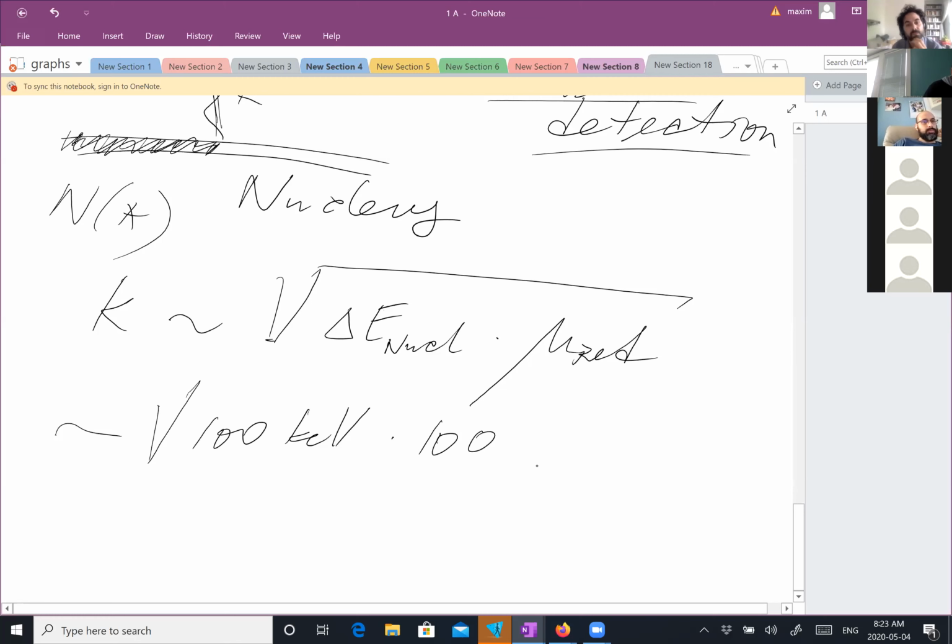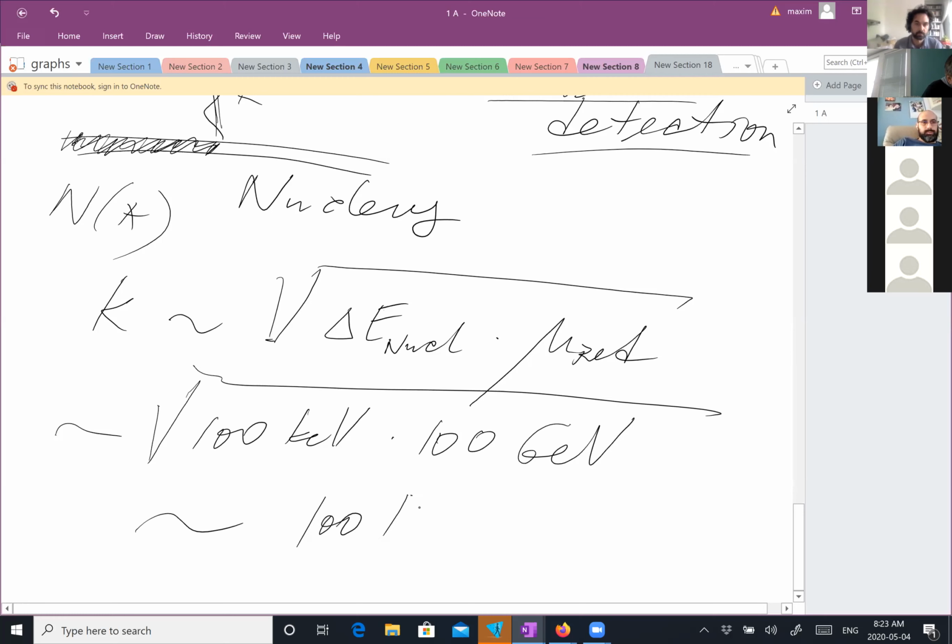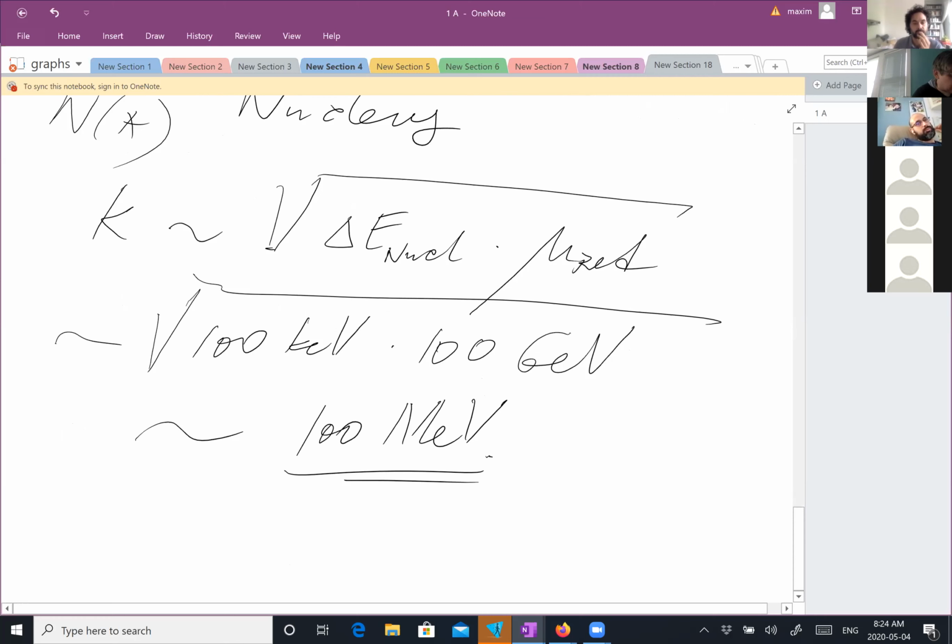That's the reduced mass, and from here we immediately conclude that the momentum transfer could be very large, on the order of 100 MeV. So this is a very simple argument, showing that the energy exchange in this process is delta E stored in the nucleus, and the momentum transfer is 100 MeV.